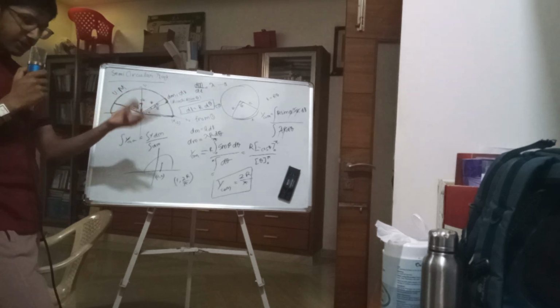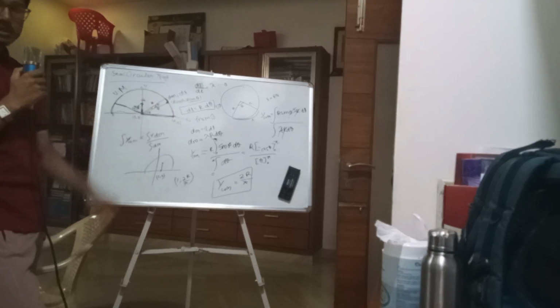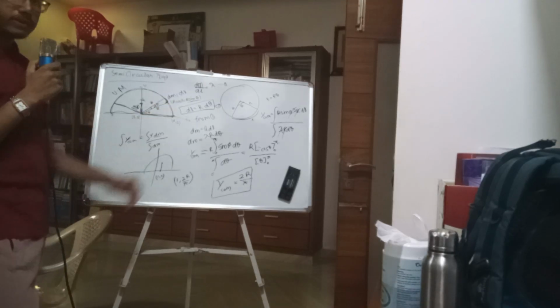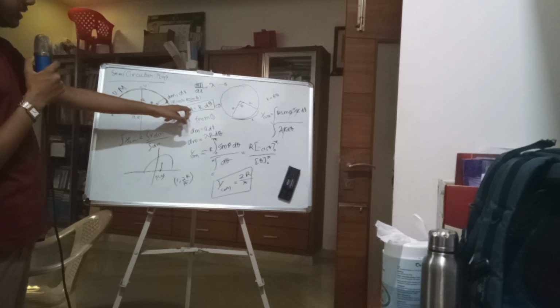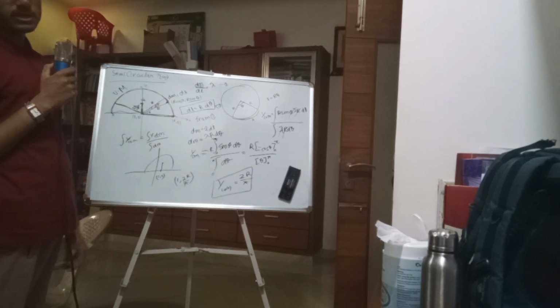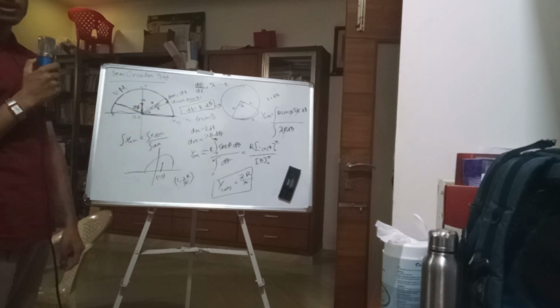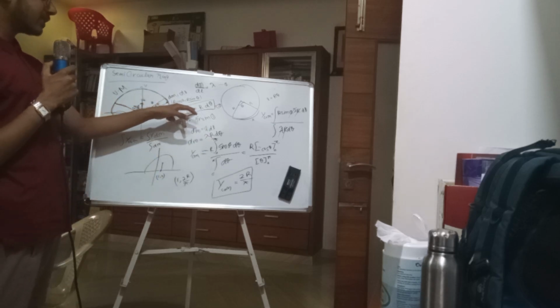If dl were not a function of theta, then you could leave it. Since dl is a function of theta, from this relation we can see clearly that dl is equal to r d theta. So if L is varying, definitely theta is going to vary, and if theta is varying, definitely L is going to vary. So it's required for us to write dl as r d theta.